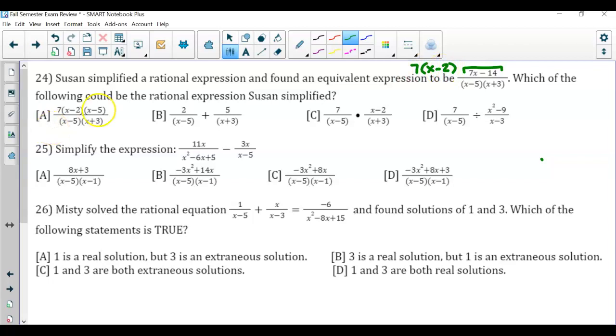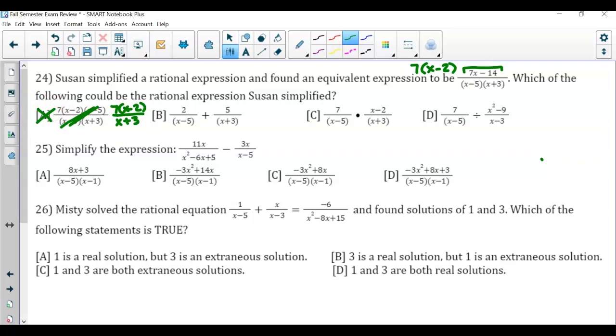Now in A, I do see a common factor. So I could cancel out the x minus 5s. Now notice by doing that, we have gotten rid of the x minus 5 that's needed. Because we are left with, yes, 7 times x minus 2, but only over x plus 3. So that's why the answer is not A.